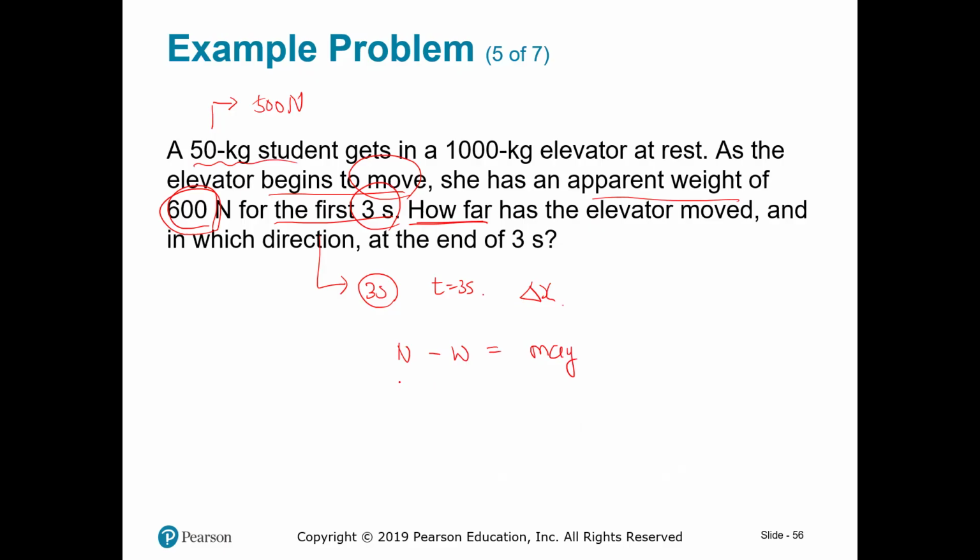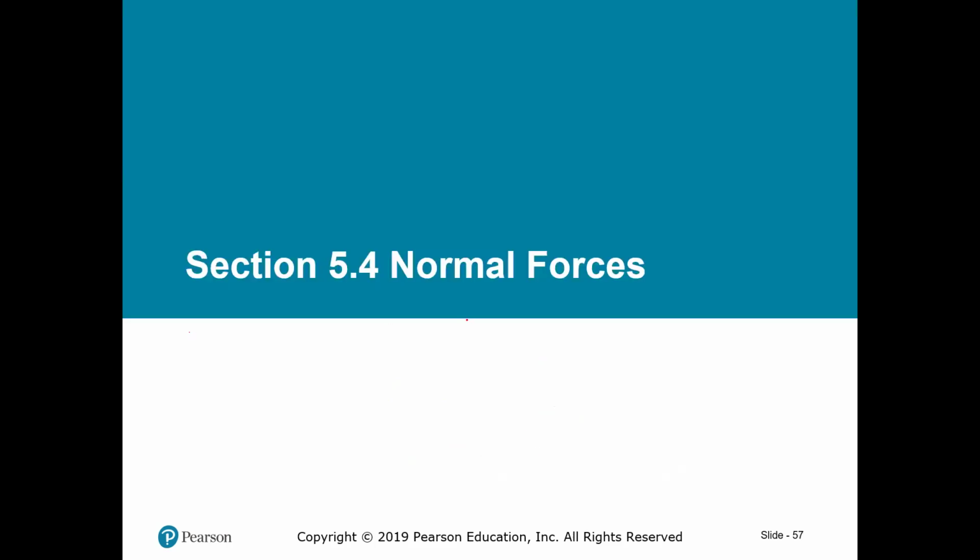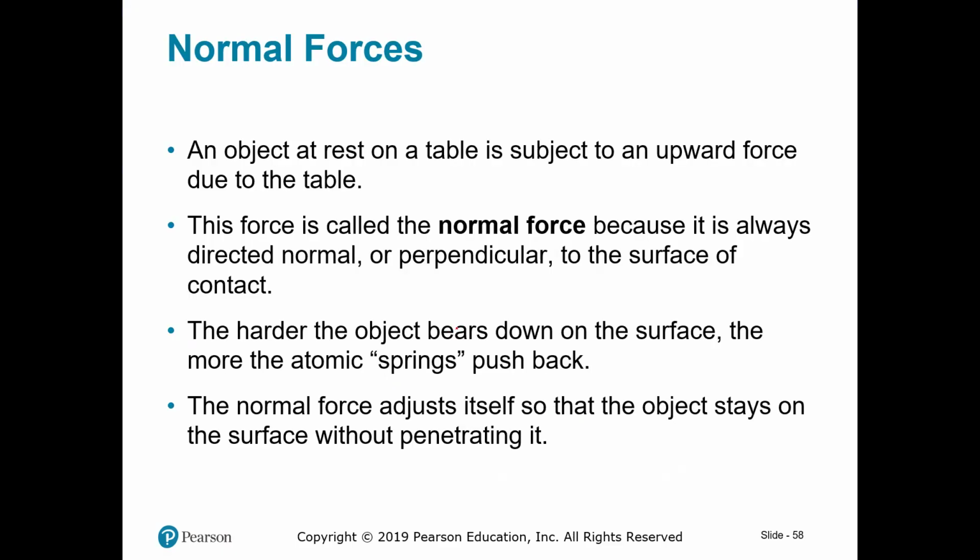So your normal force, the apparent weight, is 600 and the weight is 500. m is again 50 times a_y. So that means your a_y is 2, sorry, this is a_y. So a_y is 2 meters per second squared. So your a is 2, time is 3 seconds, right? So you can find the distance.